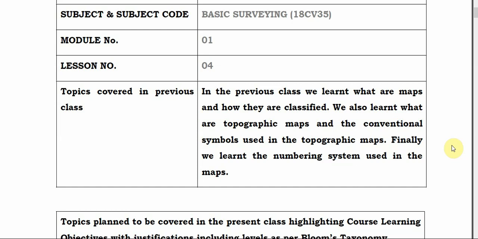This is also the difference between a map and a plan. On a map, a large area is represented on a piece of paper. In a plan, a small area is represented on a piece of paper. That is the difference between a map and a plan.